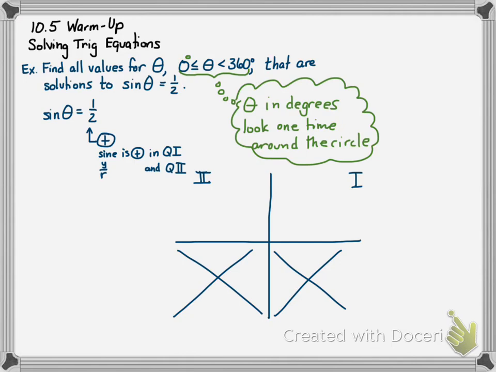Okay, so that's the first thing that I want to think about. Now I know that I'm going to have an angle in quadrant 1 and in quadrant 2 that will be answers to sine of theta equals 1/2. I've drawn an angle in quadrant 1 and an angle in quadrant 2.